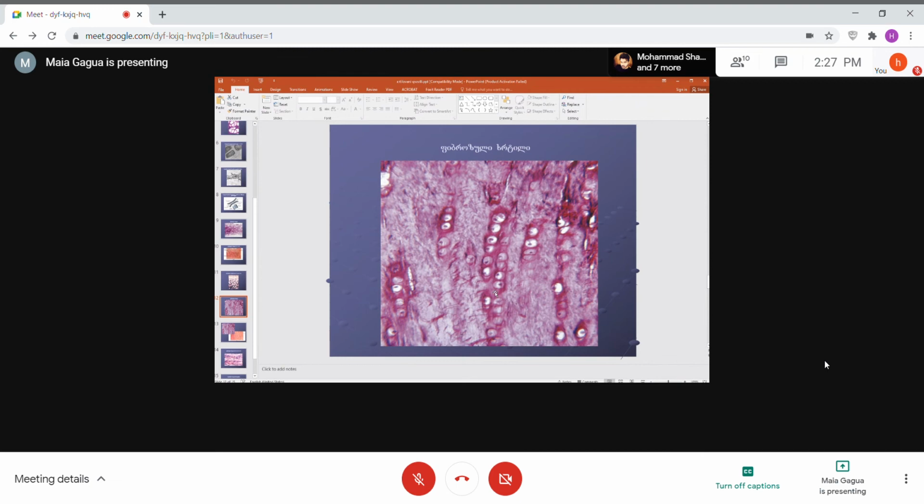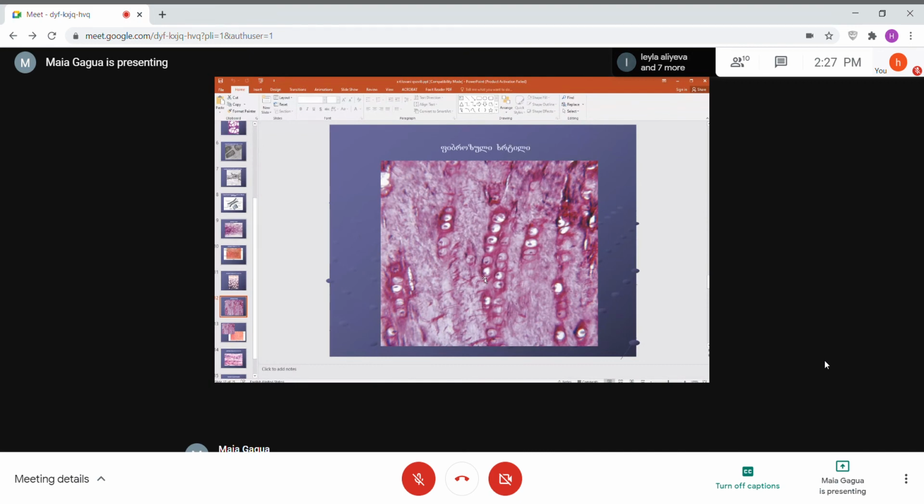Is it clear for you or not? Yes, doctor, it's clear. In fibrocartilage, these cells are chondrocytes. They form isogenous groups, but in these isogenous aggregates, cells are axially arranged.